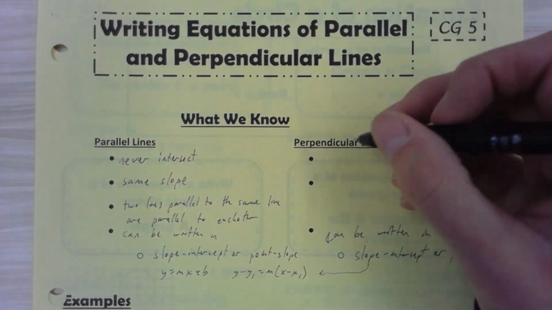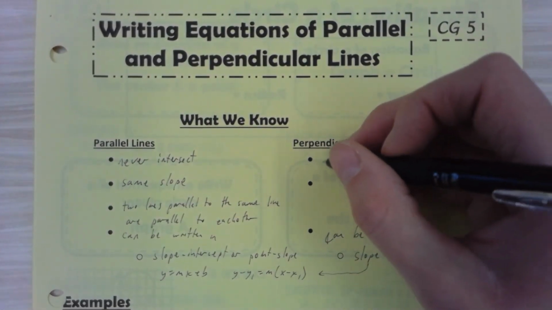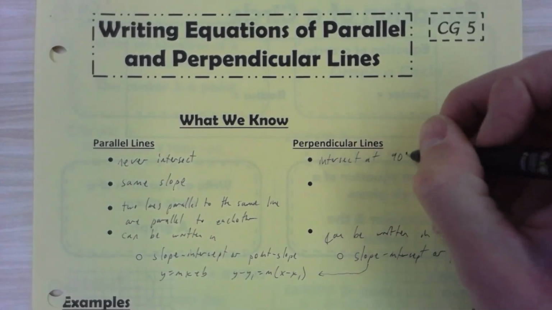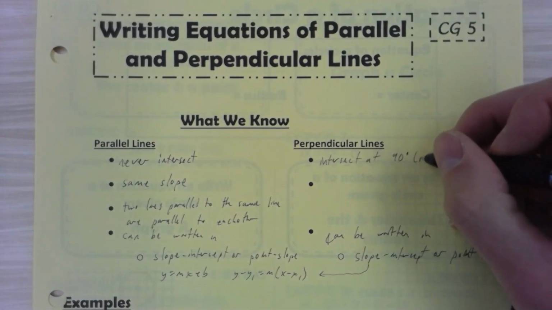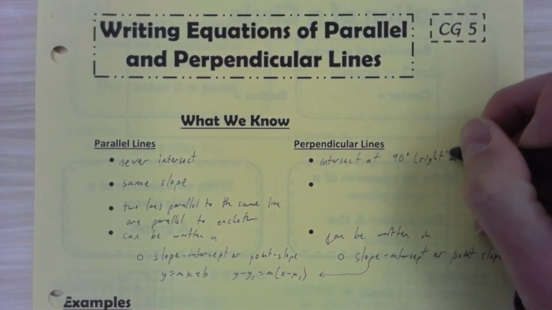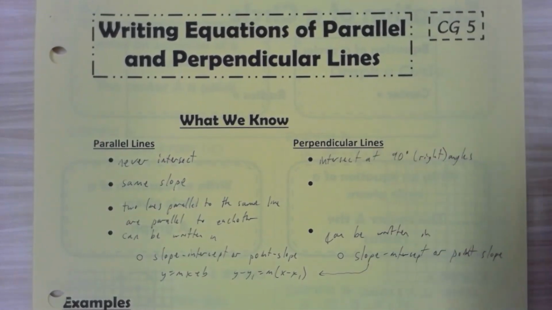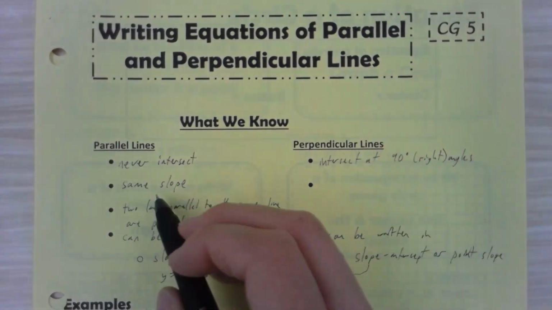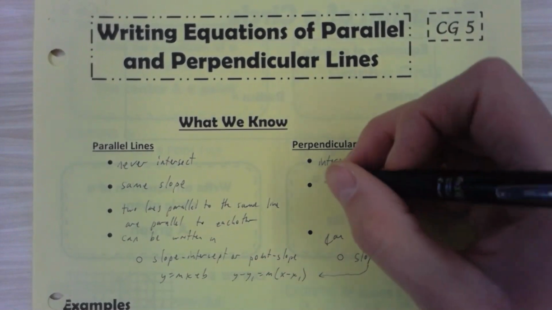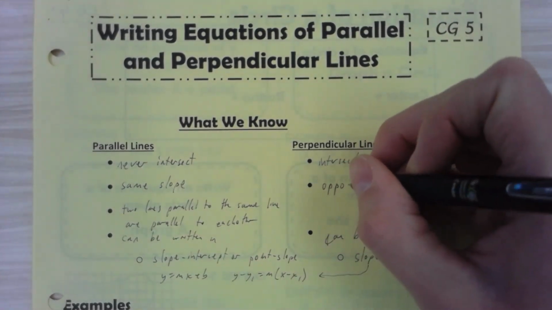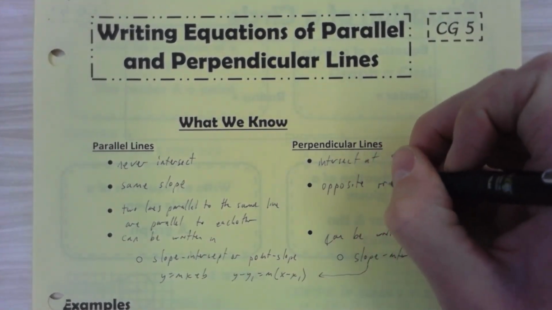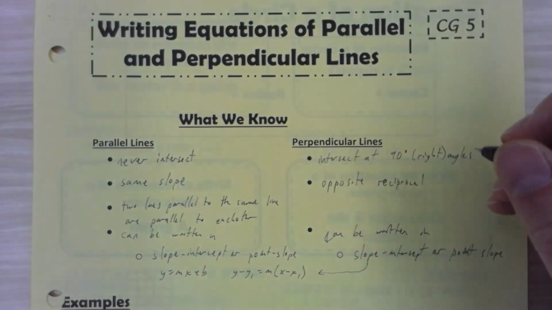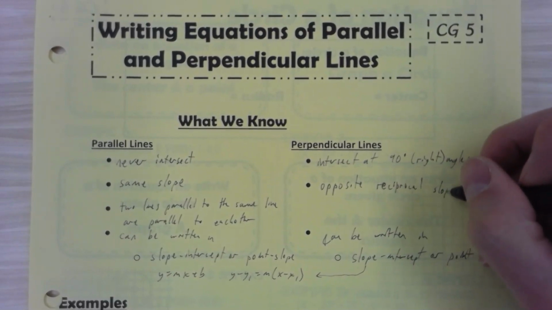Now, what's true about perpendicular lines? Well, they form right angles. They intersect at 90 degrees, or right angles. Now, while parallel lines have the same slope, perpendicular lines have opposite reciprocal slopes. Opposite reciprocal slope.